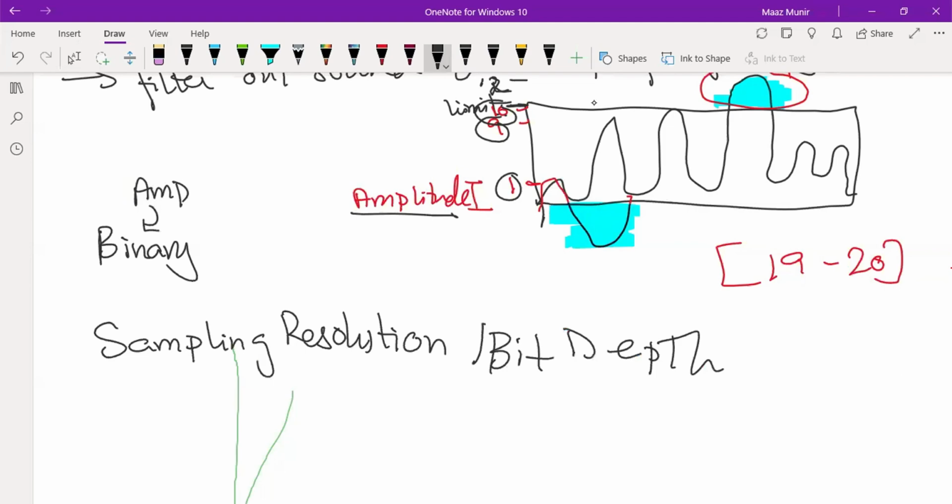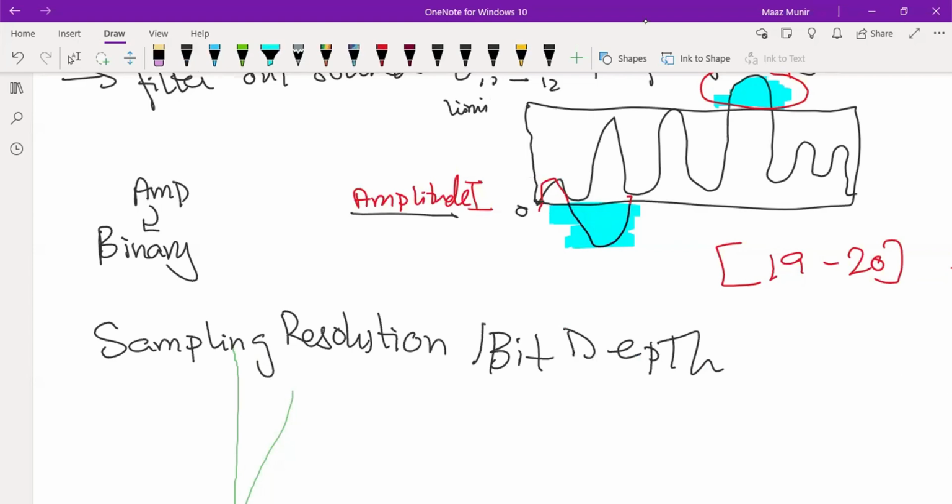So basically, sampling resolution refers to the maximum amplitude which you could possibly have. Let's say now in a scenario like this where I made this box from 0 to 10, we are ignoring this 12 part, or let's say whatever this is.